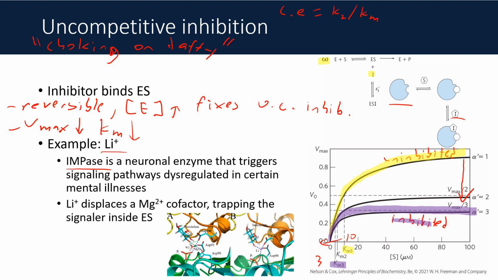This is a neuronal enzyme that triggers certain signaling pathways that get dysregulated in lots of mood disorders. And the lithium ion displaces a magnesium cofactor within the active site.